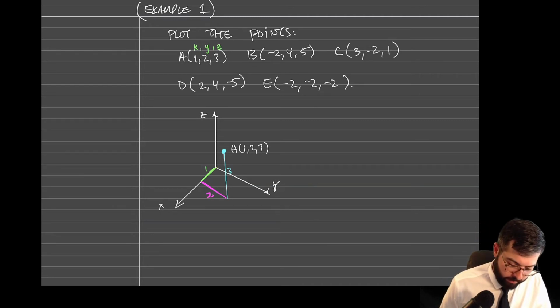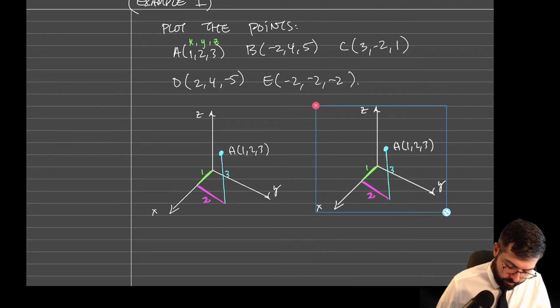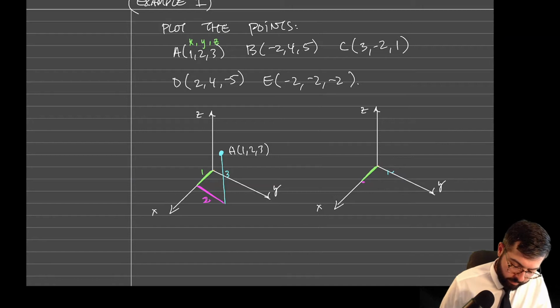So go backwards to your upper right. Yes, to the upper right. And then come out lower left on Y for 4, and then go up 5.